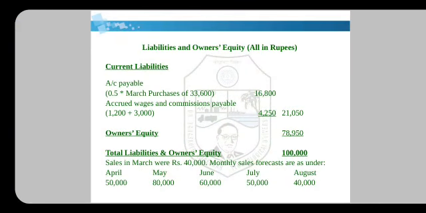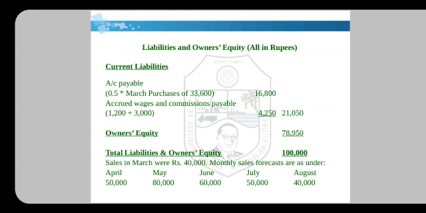Now liabilities and owner's equity, that is all in rupees. This information is also with us. Current liabilities are accounts payable, that is 50% of March purchases of 33,600, which is given, which is equal to 16,800.